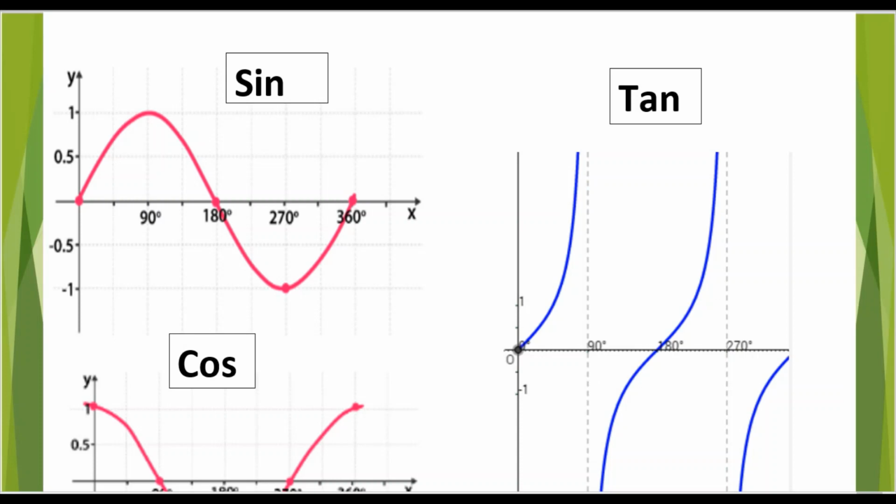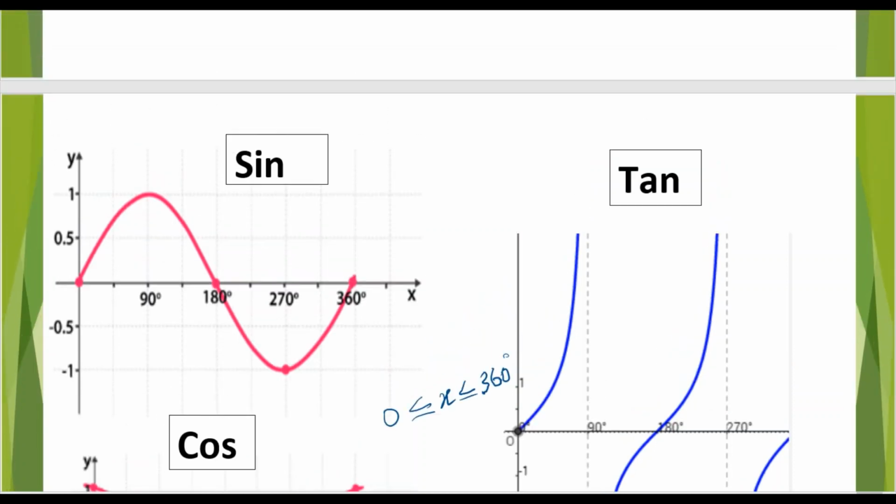First, we will see the sine graph. The sine graph will be like this for the value of x from 0 to 360. Okay, suppose they have given an expression like solve sine x equal to 1 over 2.